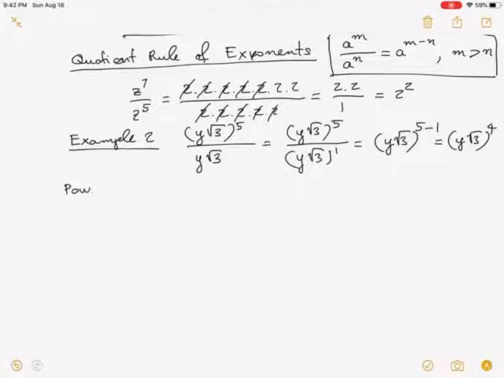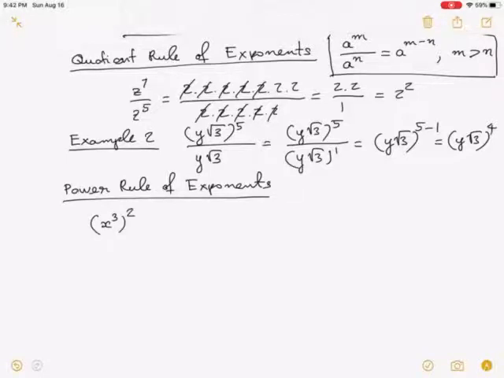So next, power rule of exponent. Let's consider x to the power 3 raised to the power 2. It is the same to say that it is x to the power 3 times x to the power 3.